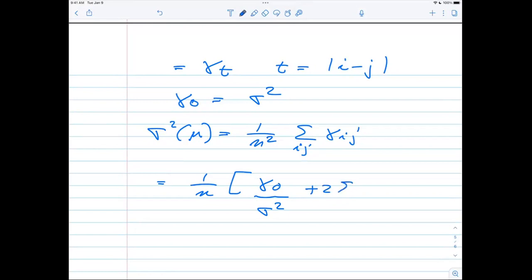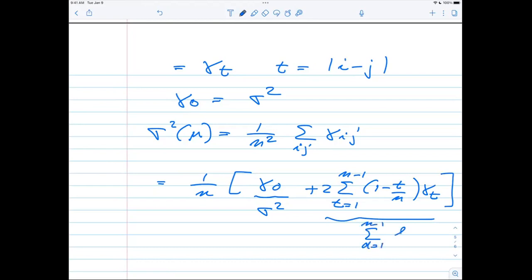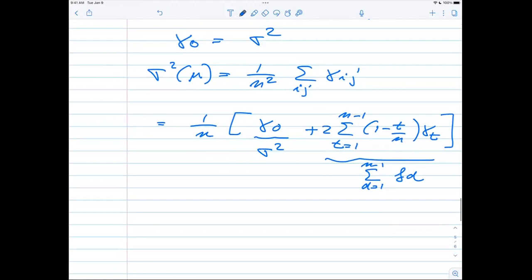And then I have a sum over t equal to 1 to n minus 1 of 1 minus t divided by n, multiplied with this quantity gamma of t. And this quantity plays the same role as the function which I had, which was given as a sum over d up to n minus 1 of this quantity f of d. So this is just their rewrite of the same quantity.